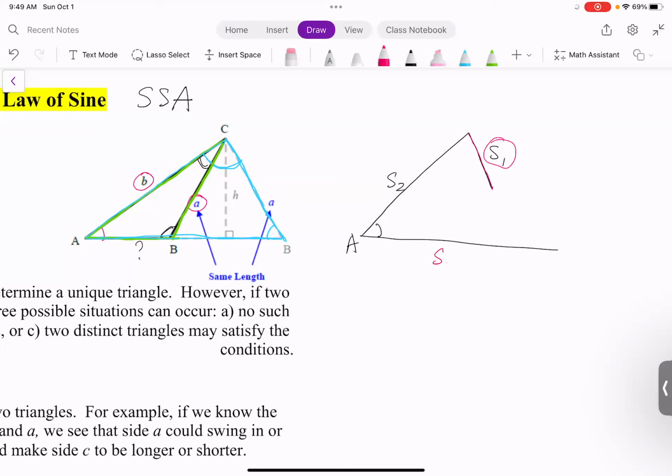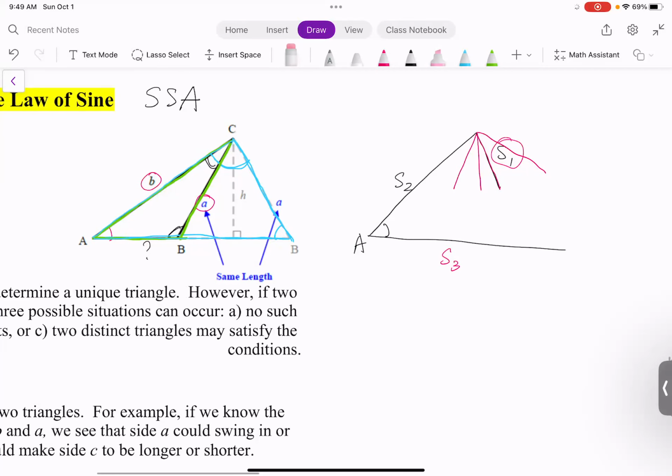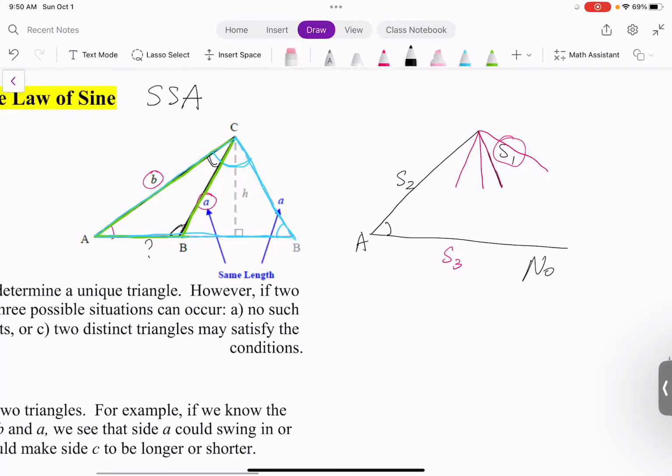This S sub 3 is unknown. So I have no intercept. Even if I rotate my S sub 1 here, here, or here, this is the given length. I cannot extend it to have any intercept to the other side. So I cannot construct a triangle.